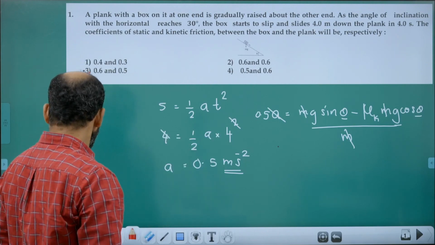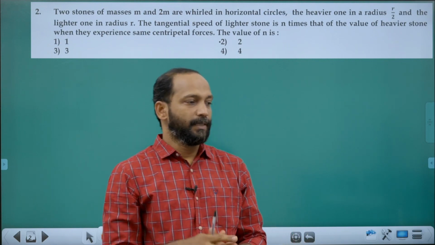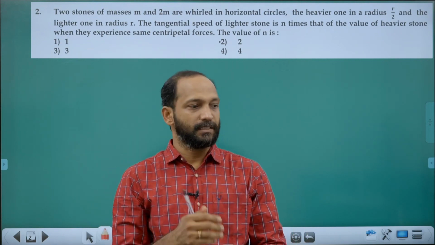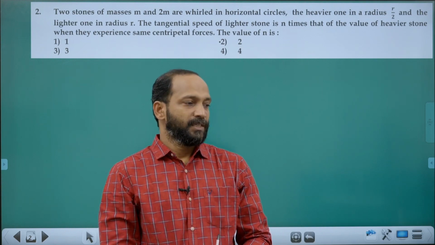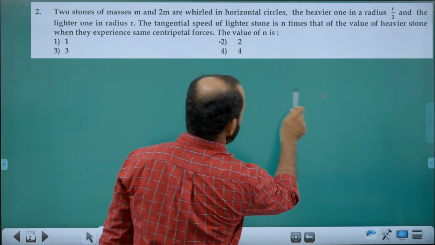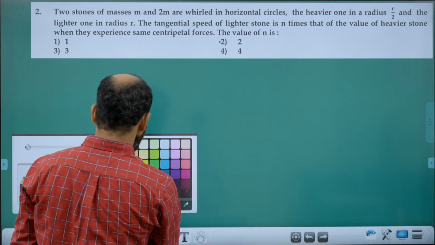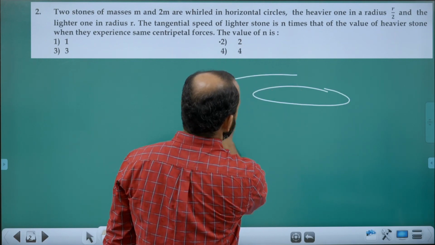Okay. Now, second one. Two masses of m and 2m are whirled in horizontal circles, the heavier one in a radius r by 2 and the lighter one in radius r. So two horizontal circles, like this.